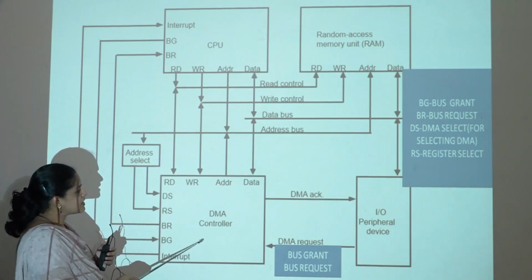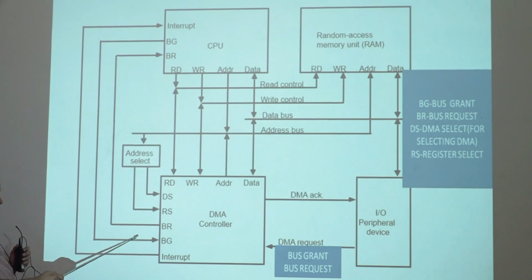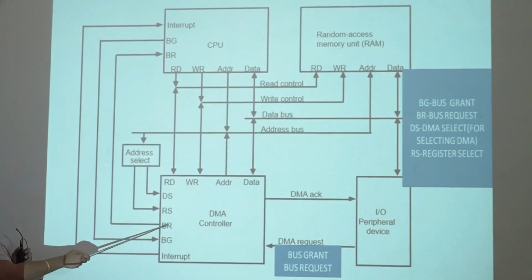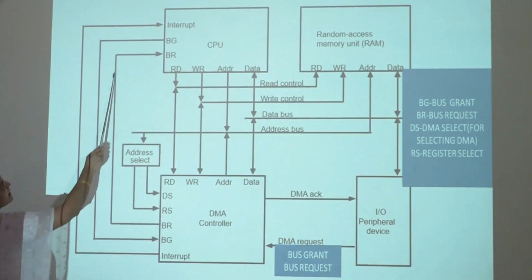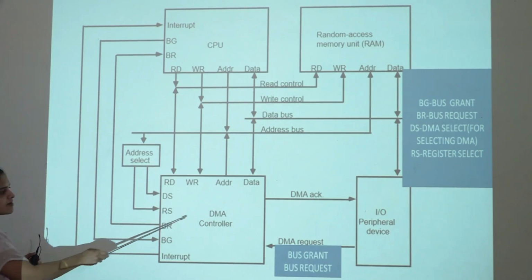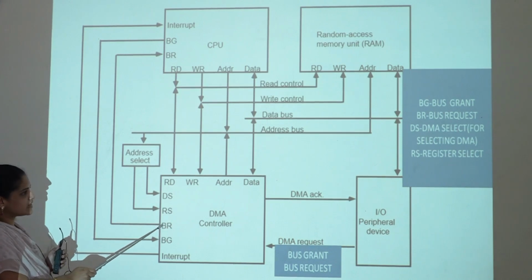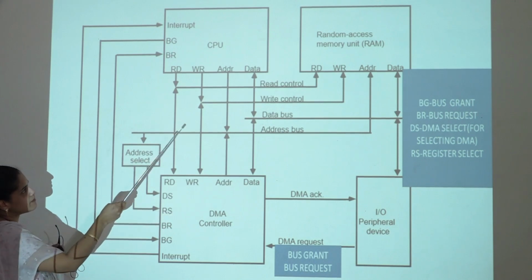So whenever a DMA controller receives a DMA request, it will generate a request called BR request, bus request. So this DMA controller will send a bus request to the CPU. This bus request is nothing but the DMA controller requesting access of the bus in order to transfer the data from the input output device to the memory.